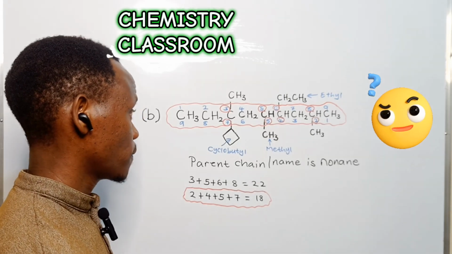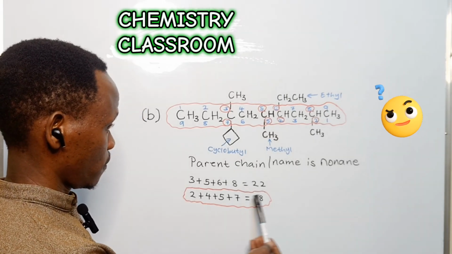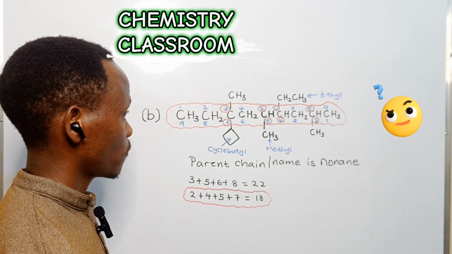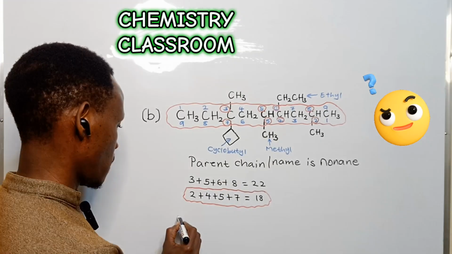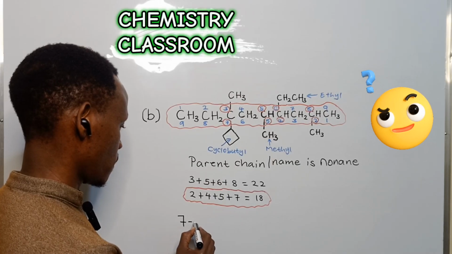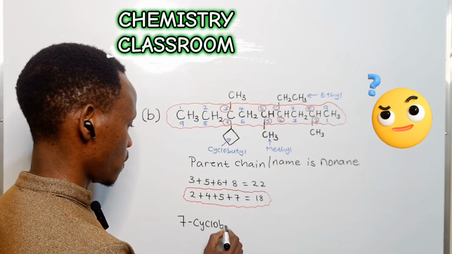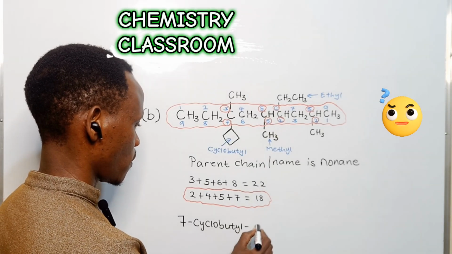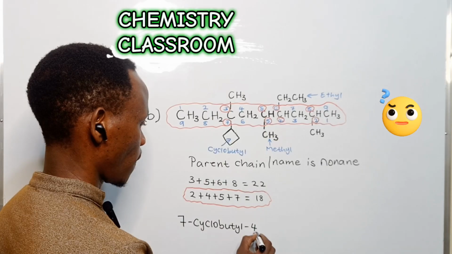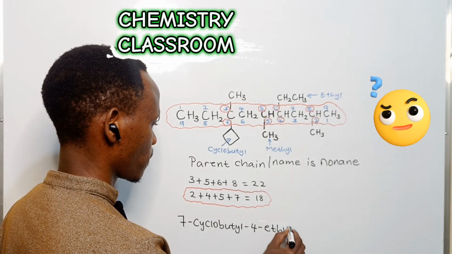So by considering their alphabetical arrangement and these numbers here, we write the name of our compound as 7-cyclobutyl, followed by 4-ethyl.